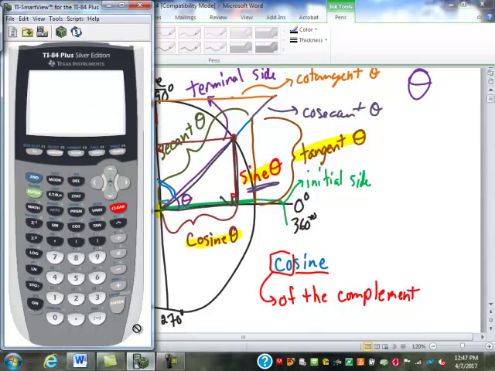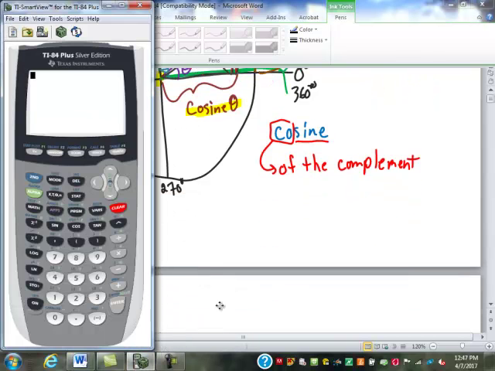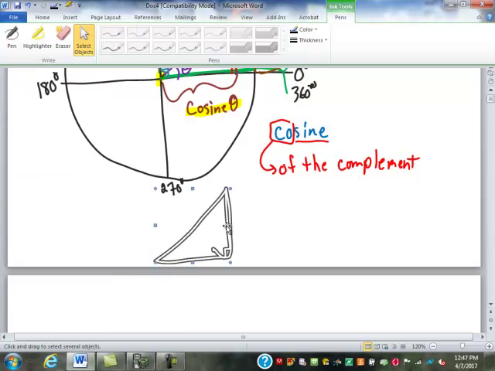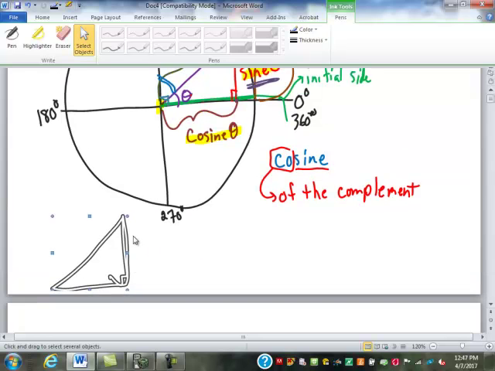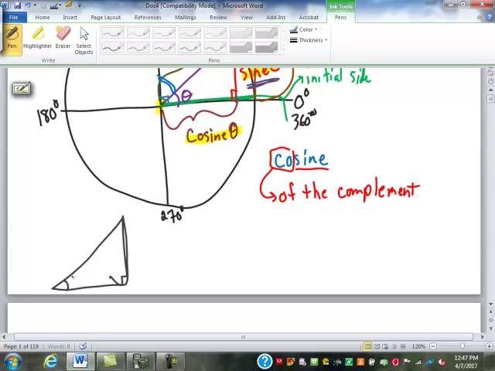I'm going to pull it down here. I'll put it right there. I'm going to fill in, this is the angle theta. This side was the sine of theta. This was the cosine down here, right?